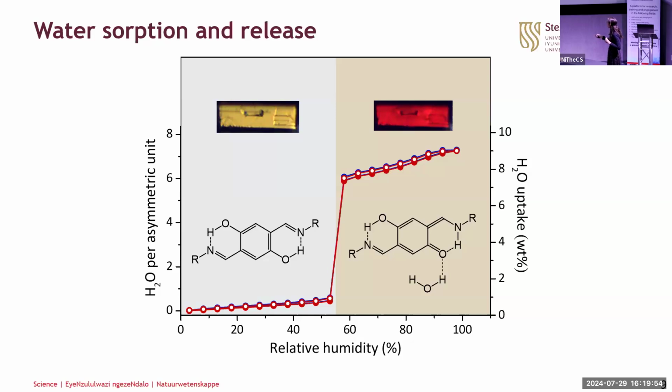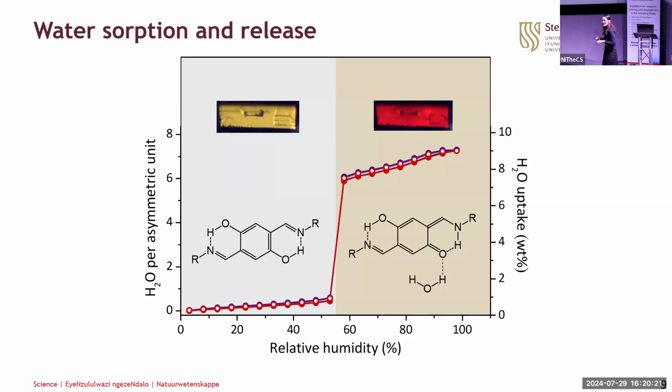You can see that until about 55%, there's very little water, and then suddenly there's a big uptake of water, and that corresponds to that sort of red wavefront you saw moving through the crystal. So we know why the color is there, but we didn't understand at that point why that color was associated with this sudden uptake of water.